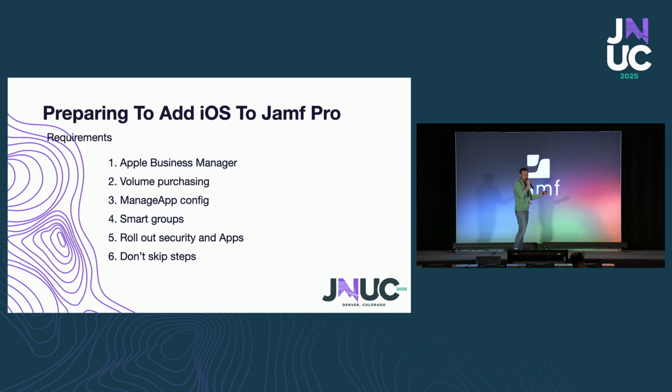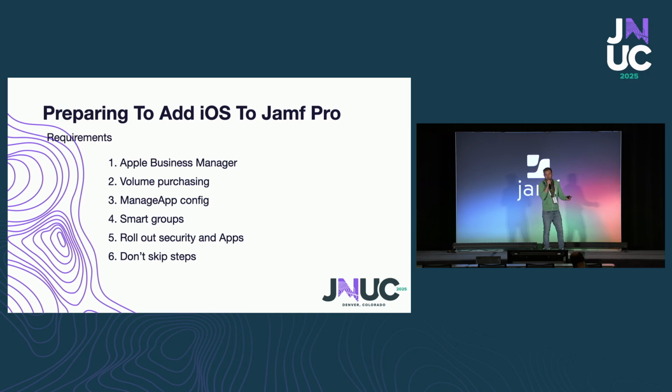So requirements, we always say at Jamf there are 3 steps, or there's no third step. I made 6, just doubled it. Anyways, for me, the requirements to get not only your iOS devices really easy and fast deployed, but also get everything set up. Don't skip steps, you see that at number 6, but get your business manager ready, exchange your tokens, make sure you got managed app config deployed to the app that can do it.